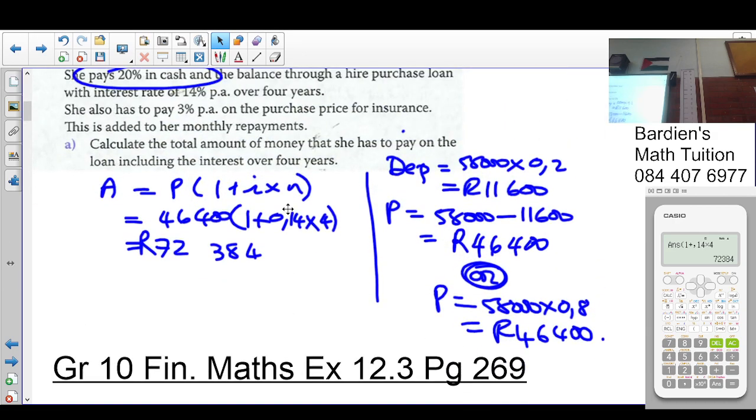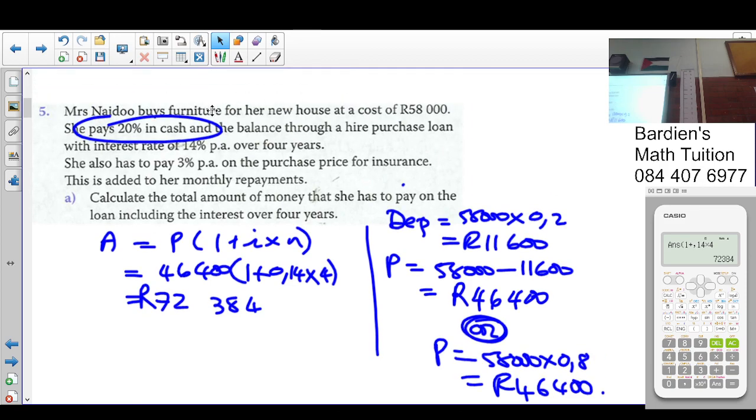So what is the 3%? The 3% is on the insurance. So say for argument's sake this furniture is stolen or is damaged for some reason, other than you intending to damage it. It can be because of a house fire, whatever.